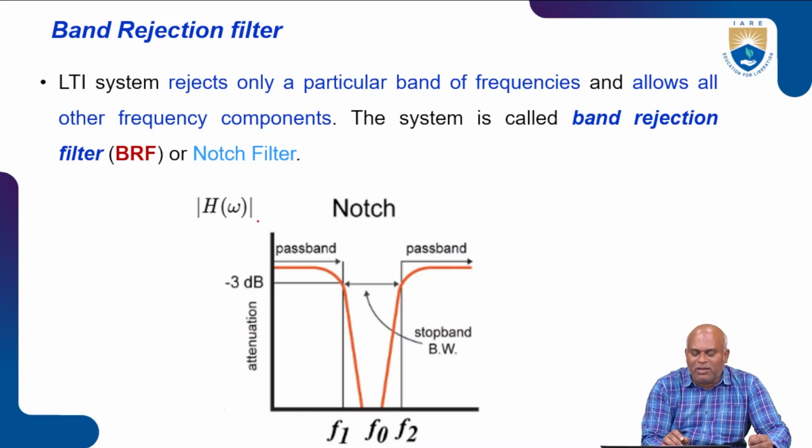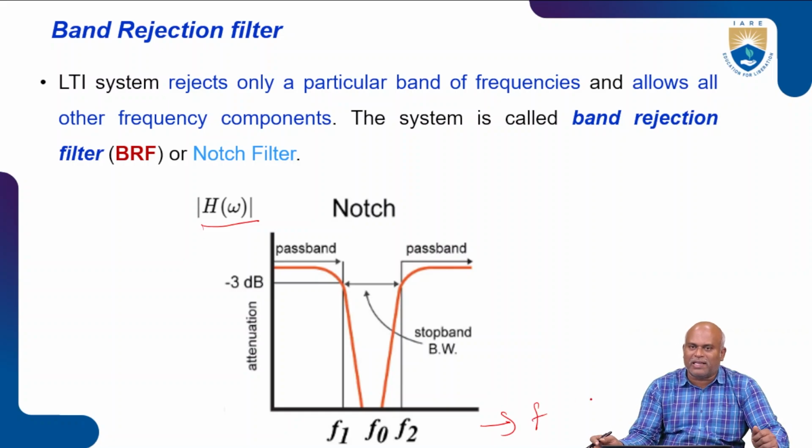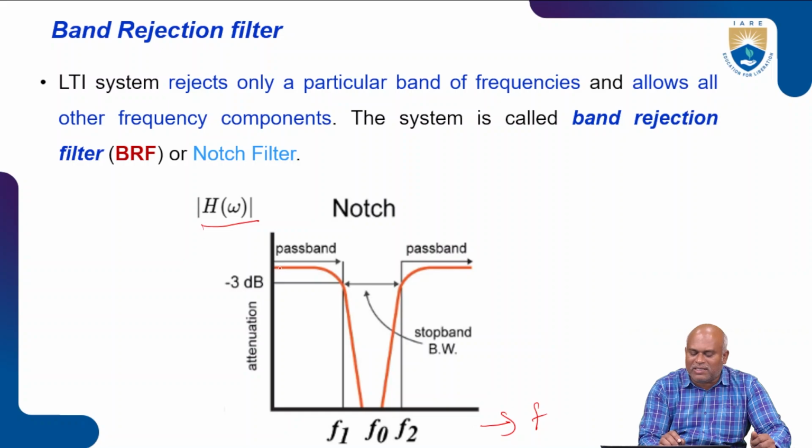We take the same Fourier transform of the system function, H of omega, with the frequency response as a function of f. We draw the frequency characteristics: at lower frequencies the response looks like this, and after that it transmits the higher frequency components.